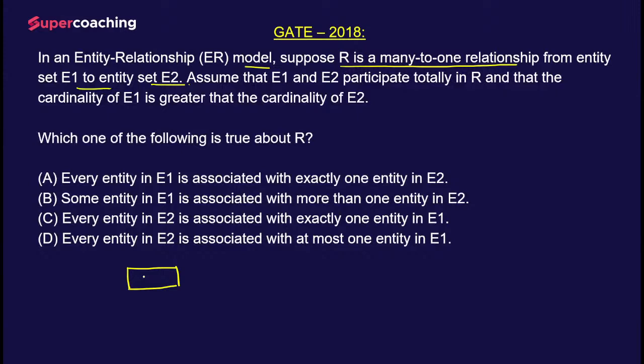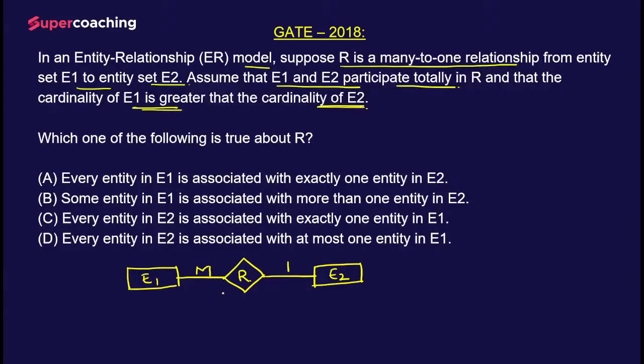E1 is one entity, E2 is another entity, and R is the relationship between E1 and E2, given as many-to-one relationship. Assume that E1 and E2 participate totally in R, and the cardinality of E1 is greater than the cardinality of E2.